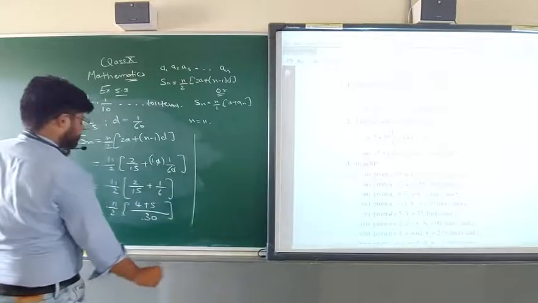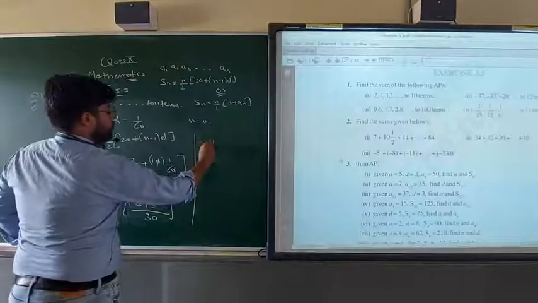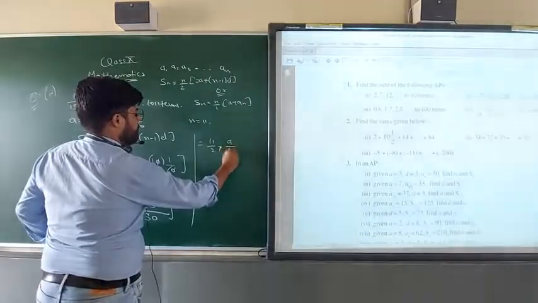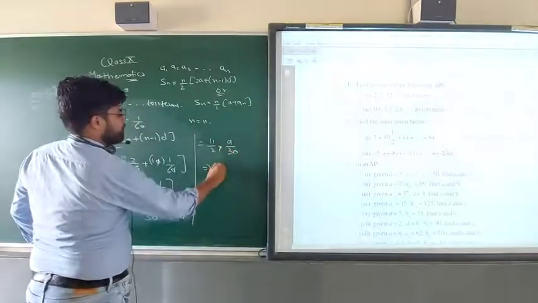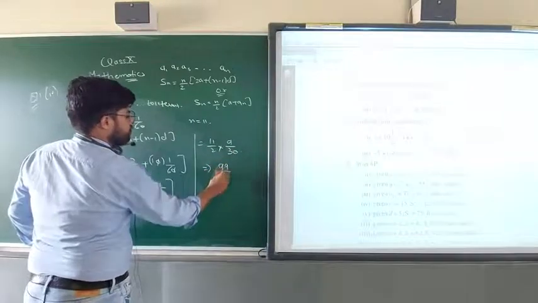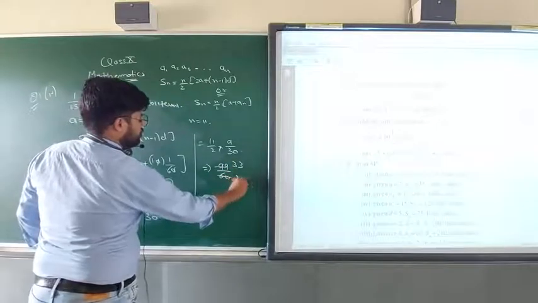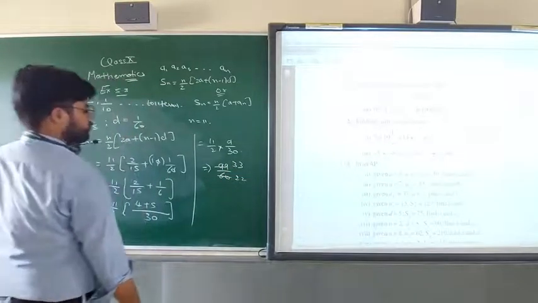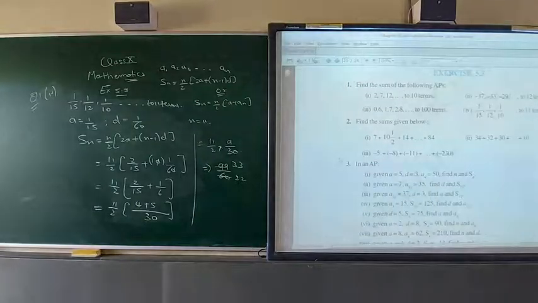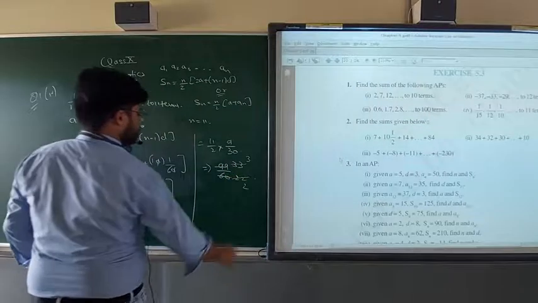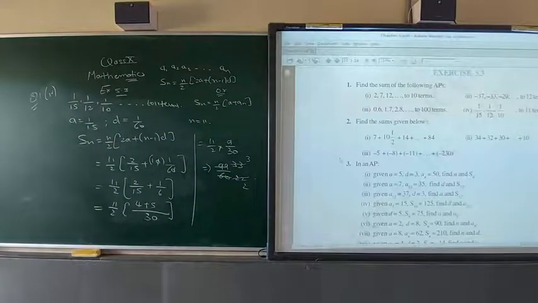After that, 11 upon 2 multiplied by (5 plus 4), 9 upon 30. Then 99 upon 60, we can cut by the table of 3, then by the table of 11, and this will be the answer, 3 upon 20.